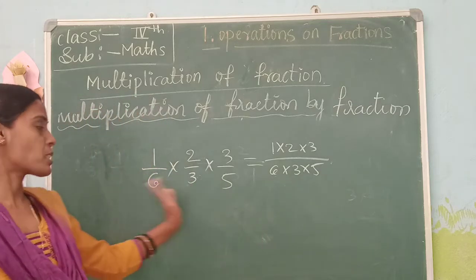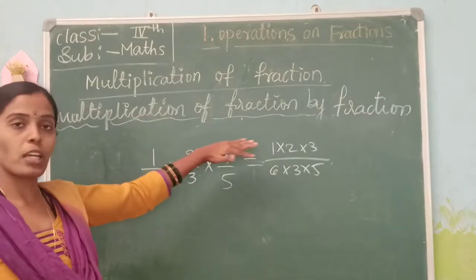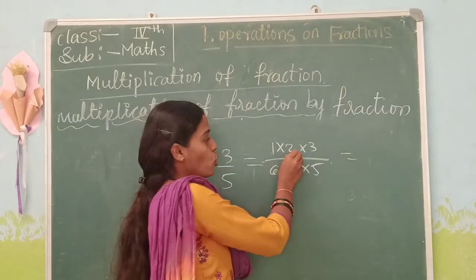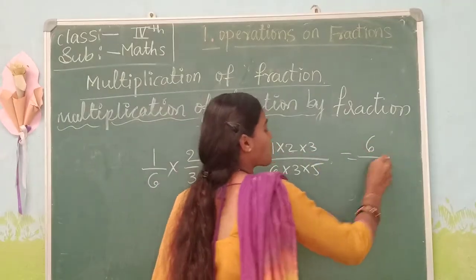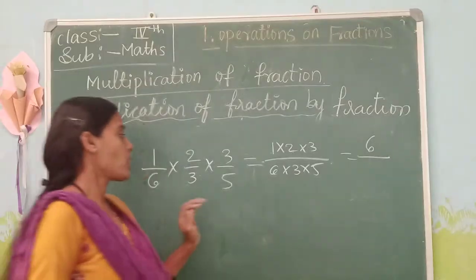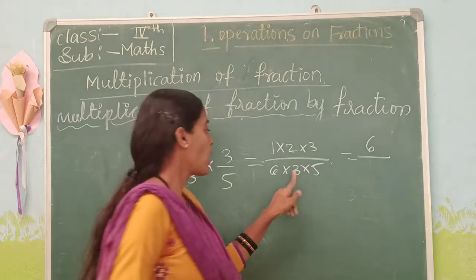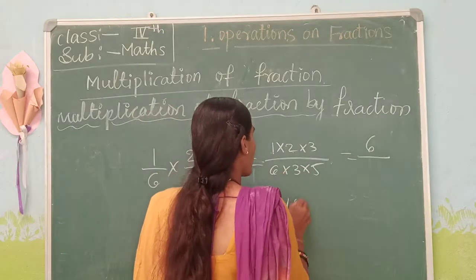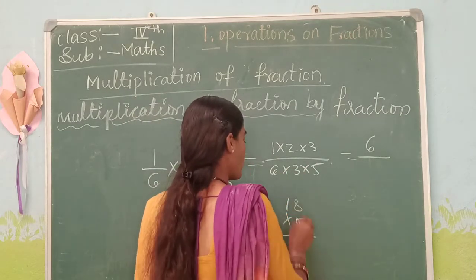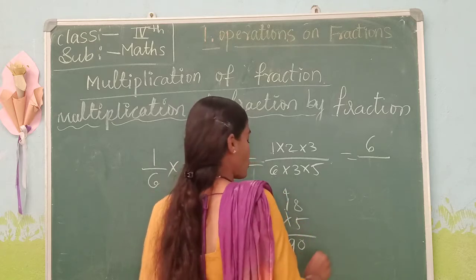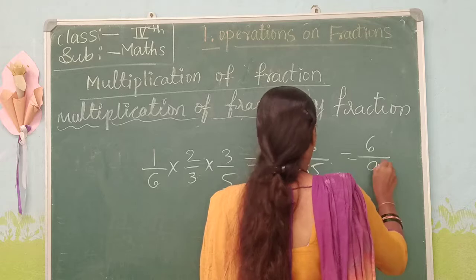Multiply numerators by numerators, denominators by denominators. So now 1 2s are 2, 2 3s are 6. Then 6 3s are 18. 18 5s are 90.